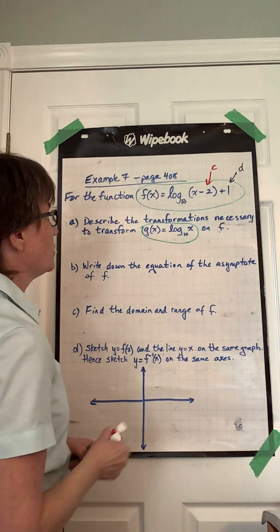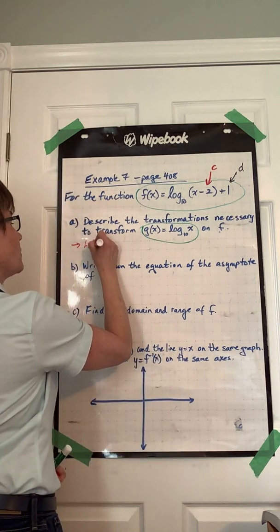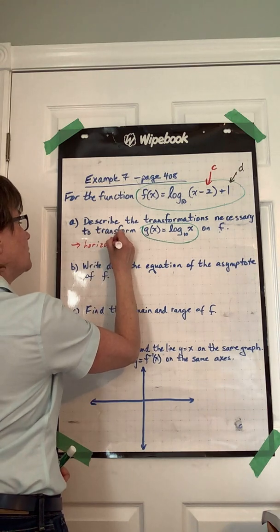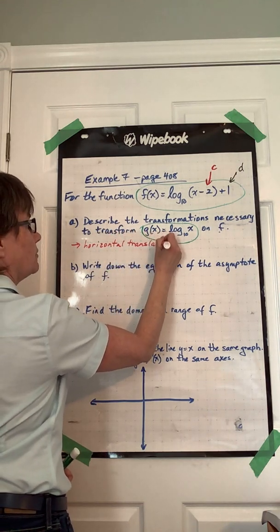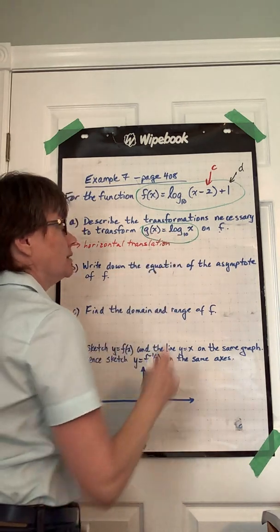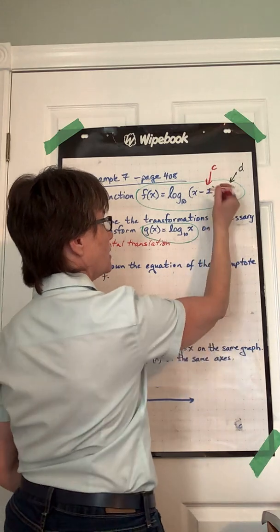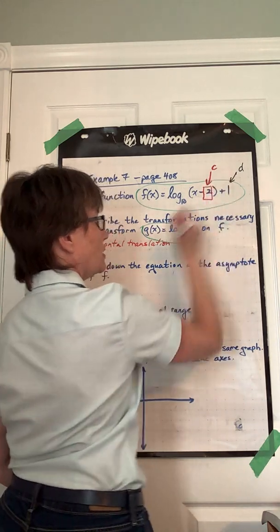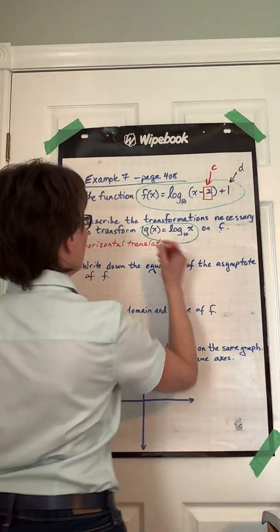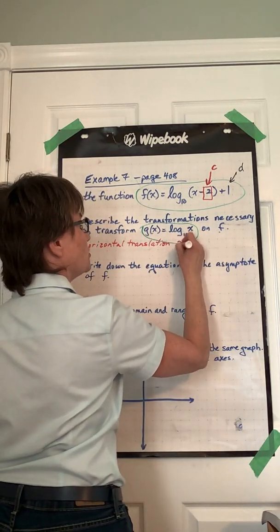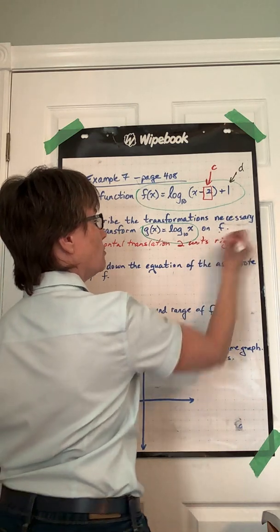So we have a horizontal translation, or horizontal shift if you prefer that phrase, and it is going to the right, because remember this negative sign is part of our transformational form, so C is actually positive 2. Horizontal translation 2 units to the right.